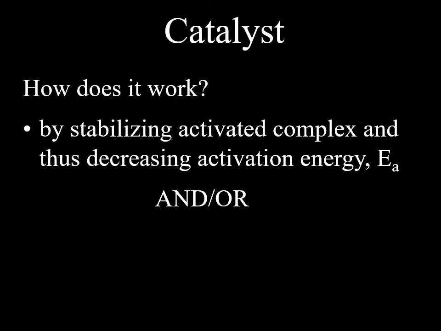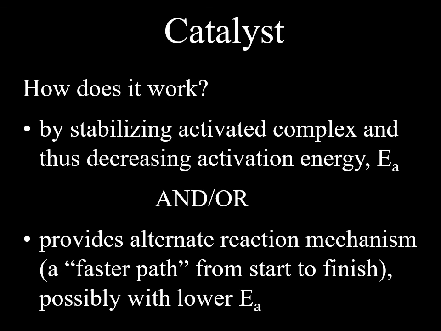All right, so how does a catalyst work? Works by stabilizing the activated complex and thus decreasing the activation energy, and/or providing an alternative reaction mechanism, a faster path from start to finish, possibly with lower activation energy. So when we showed the mechanism for the H2O2 decomposing and I- was the catalyst, we're saying that it's creating a new mechanism.